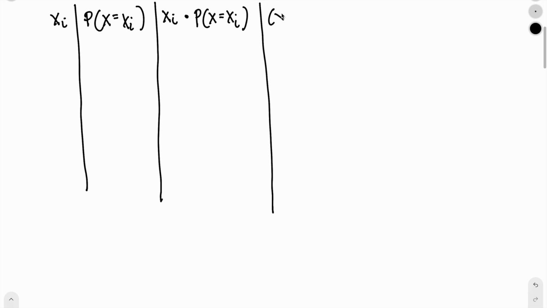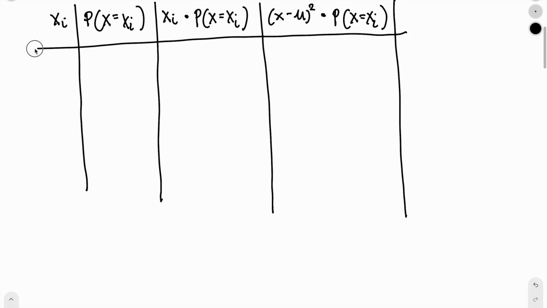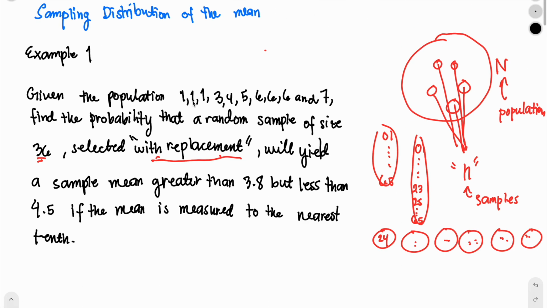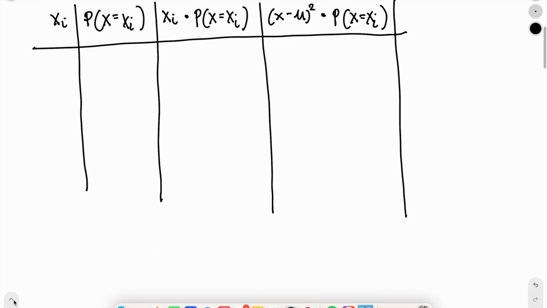And then x minus mu squared times the probability of x equals x sub i. I hope you still remember this one. So if you go back, what are the possible values? 1, 3, 4, 5, 6, and 7. So let's plug that out.